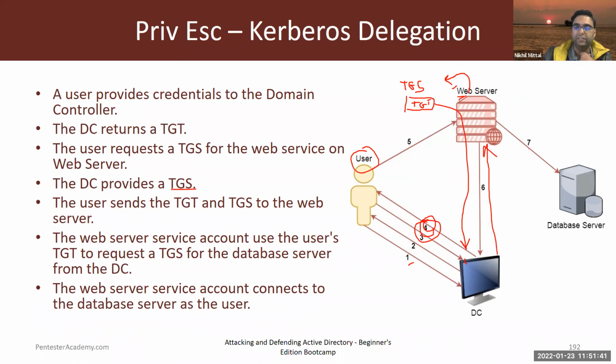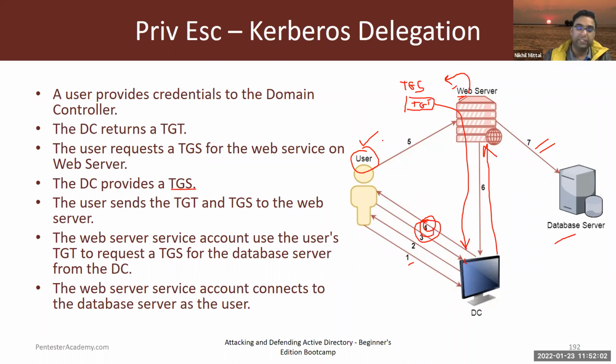And then finally, step 7, the web server uses that TGS to access the database server as this user. That is, the impersonation is finally completed. This is what unconstrained delegation is.